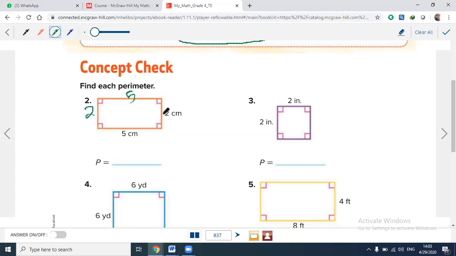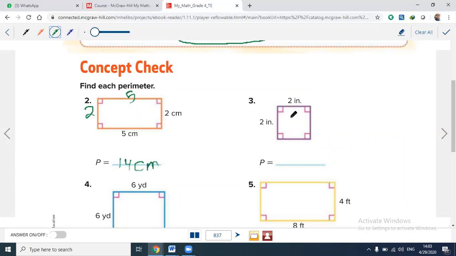Otherwise, I can use a formula to multiply the length by 2 and the width by 2, then find the sum. Both of them are the same. So the answer is 14. Excellent. 14 centimeters. The unit of perimeter is centimeter, unit length without square. Square only for the area.